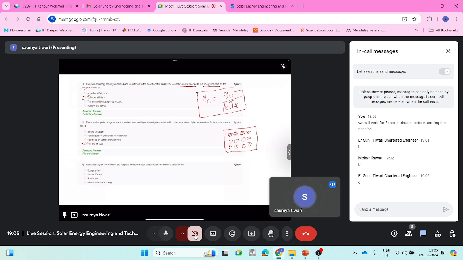Now, the transmittivity of the cover of the flat plate collector based on reflection and refraction is obtained by which of these laws?